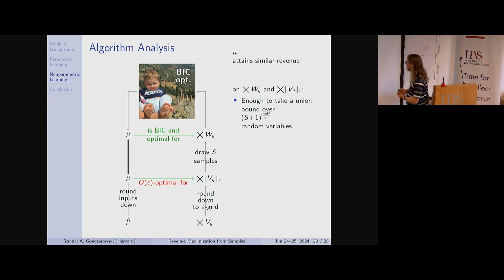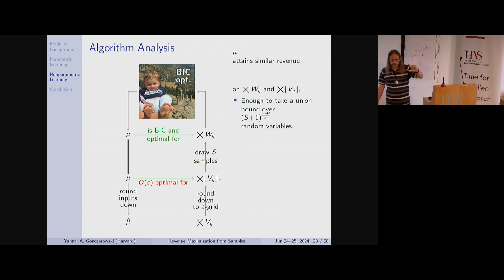Why? So if you think about each of these separately, each w_ij by itself has h over epsilon buckets in the distribution. The support is h over epsilon plus 1. Forget the plus 1. The support is h over epsilon.